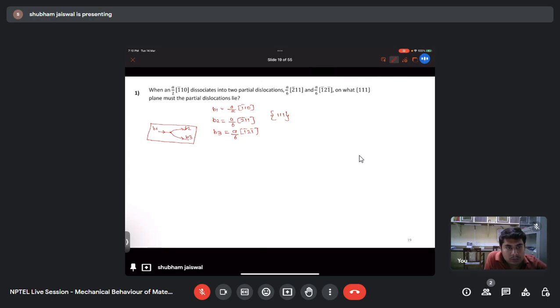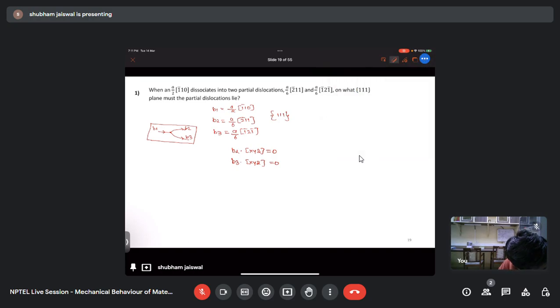So to solve this question, we need to try all the possibilities, and as these are lying on some {111} plane, the dot product should be 0. So what I'm trying to say is that B2 into XYZ should be 0 and B3 into XYZ should be 0. Then we can find out the plane. So how many planes are there in one family?